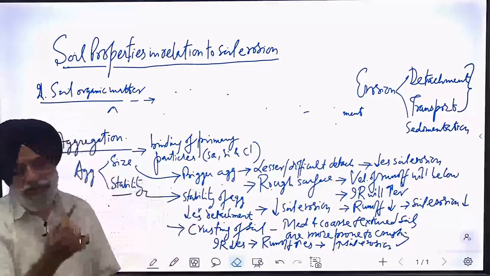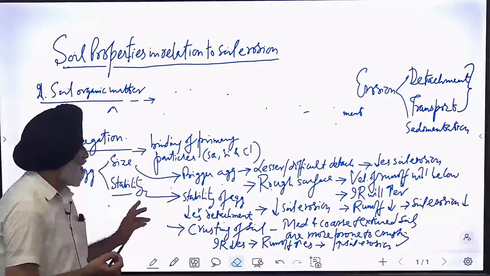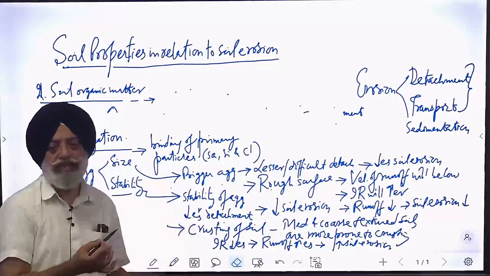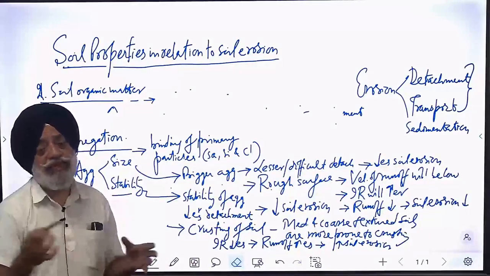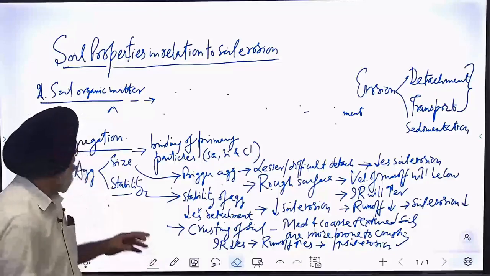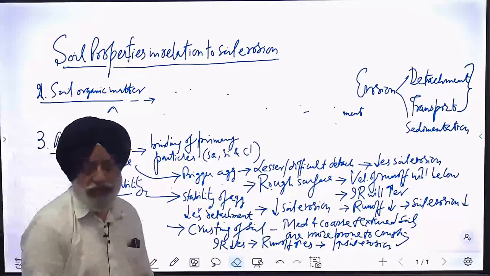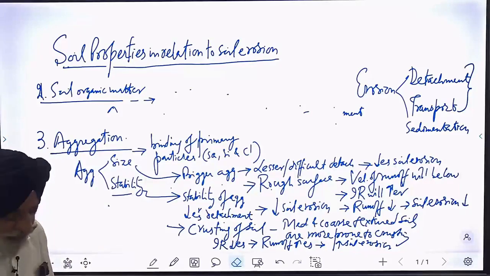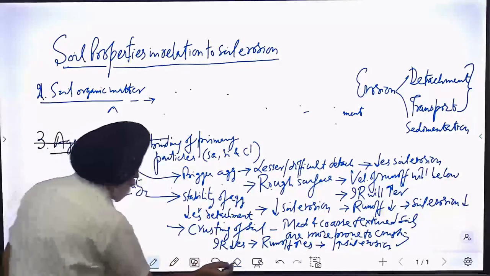This is sort of overlapping, because aggregate stability also depends upon the amount of clay particles and soil organic matter. But yes, you may have different size aggregates. That is why aggregate size and stability are both important as far as soil erosion is concerned. Then comes the next factor, that is soil strength.